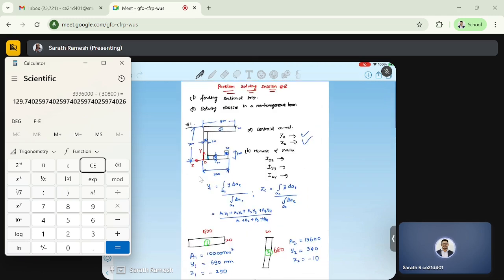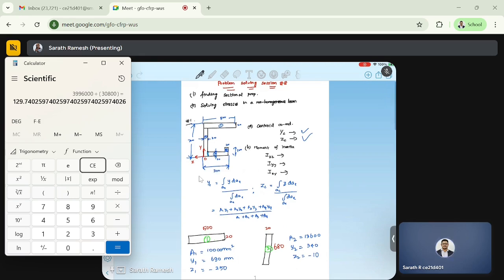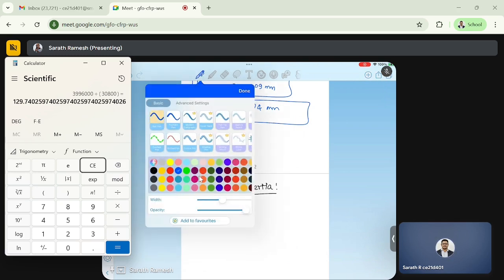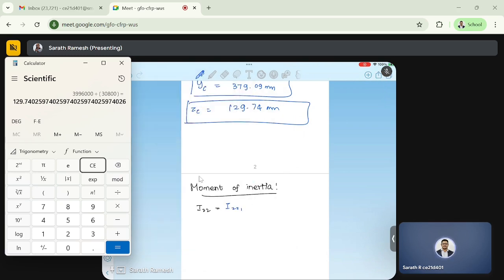Okay, that's the parallel axis theorem, no? So we'll use that for finding IZZ, which will be given by IZZ of 1 plus IZZ of 2 plus IZZ of 3 plus IZZ of 4.